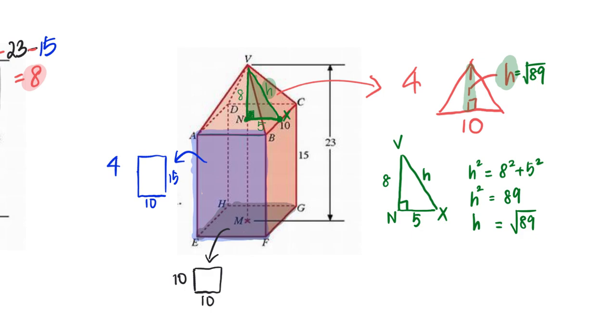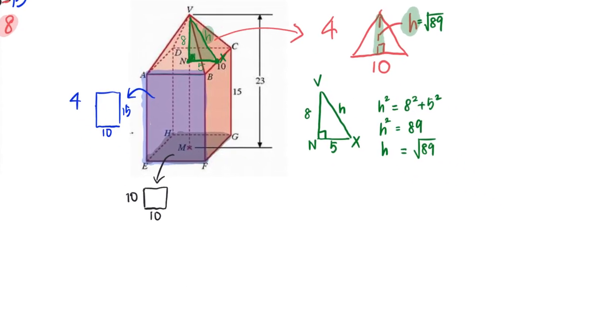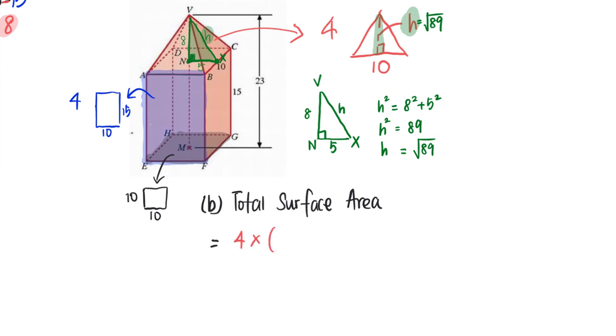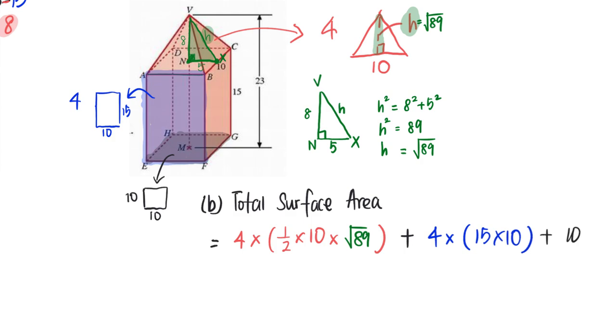And so, in my subsequent working for part B, the total surface area of this model will be equals to my 4 triangles. So I will have 4 times half times base 10 times my height, which is the square root of 89, plus my 4 rectangles, 10 times 15, plus 10 times 10.